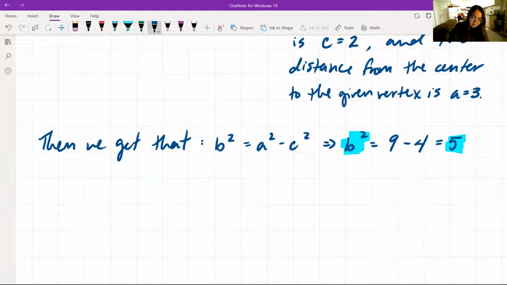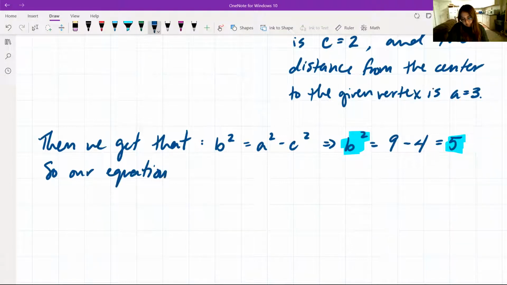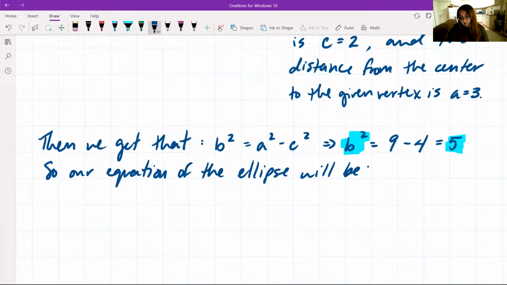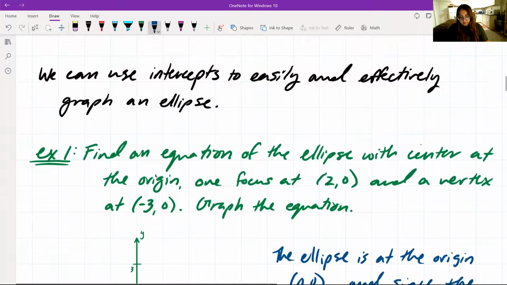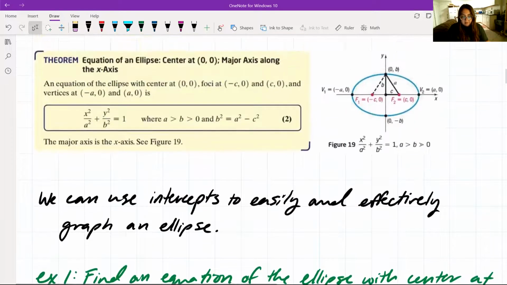So now we can determine the equation of our ellipse, since we do want to find the equation of the ellipse. All we were really looking for in this case was B squared, since we already, or could easily, find what A squared was going to be.